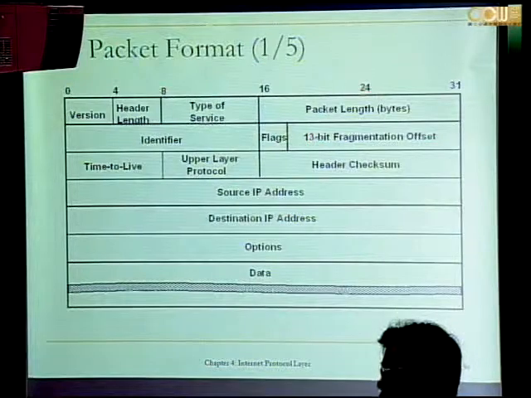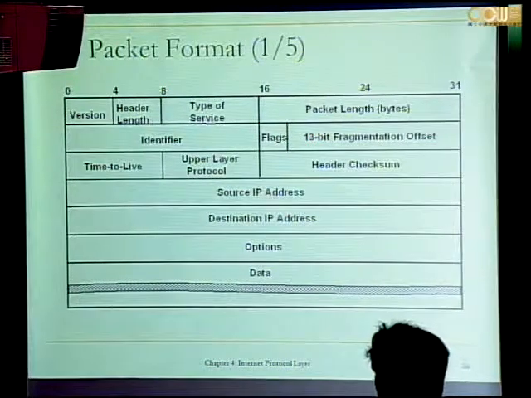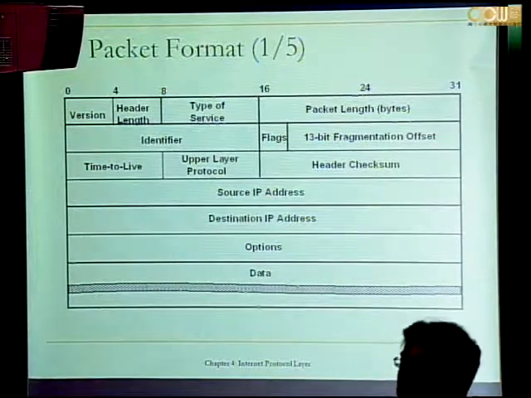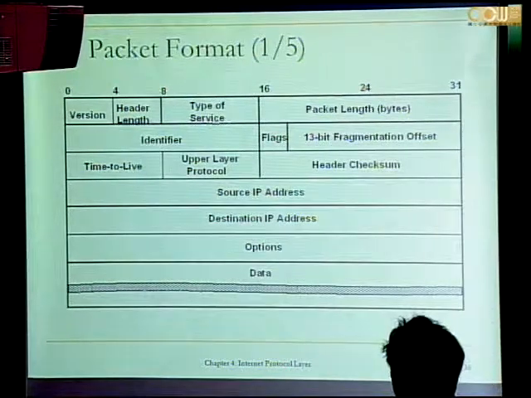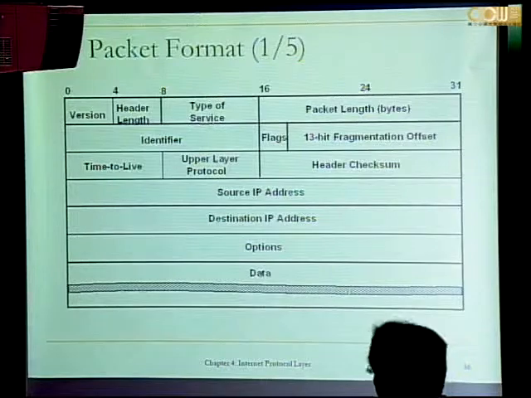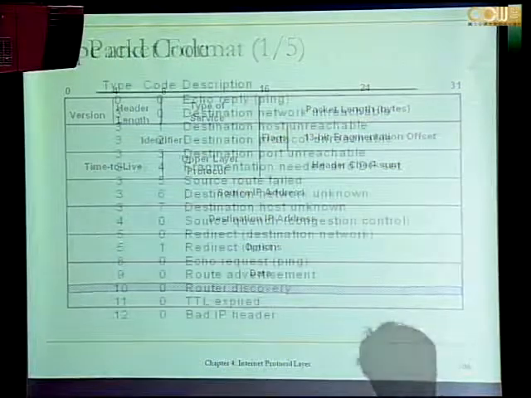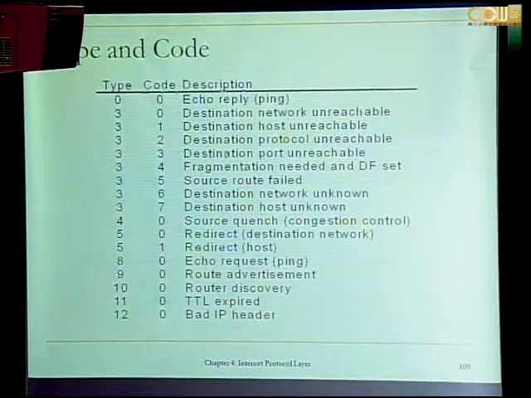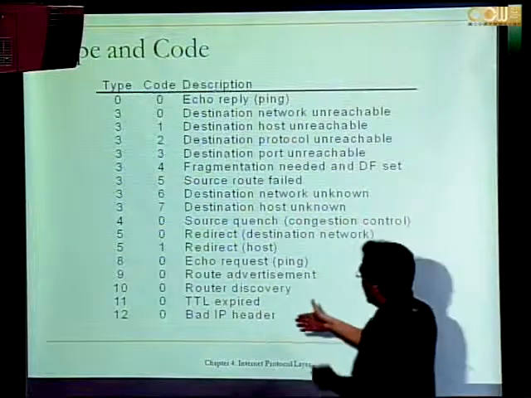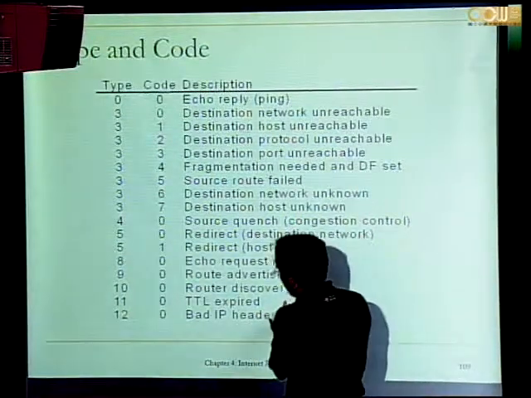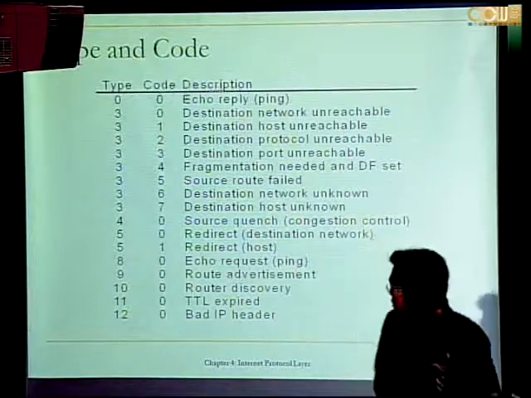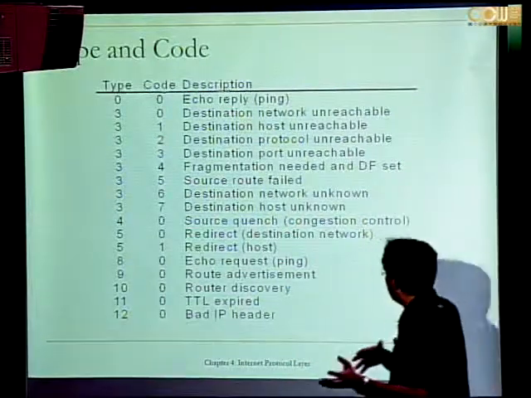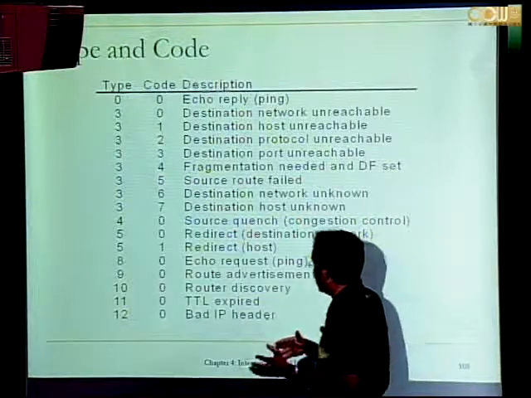I would check whether the header is correct. If it's incorrect, then drop it. I don't do anything else. Do I? Yeah, bad IP header. If the checksum is incorrect, then I would send an ICMP message to the source, telling the source, okay, the header is incorrect.